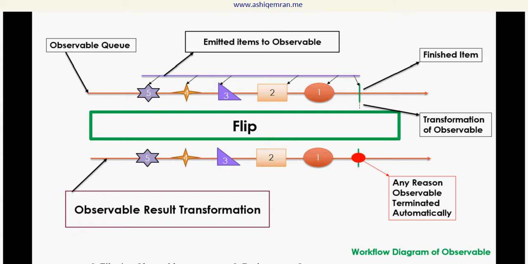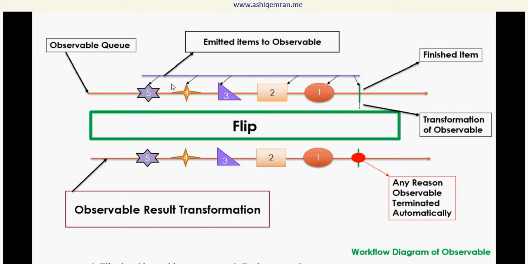And this is the diagram of observable. Very first, this is the observable queue. There are 6 items emitted to the observable. These items are already emitted here.